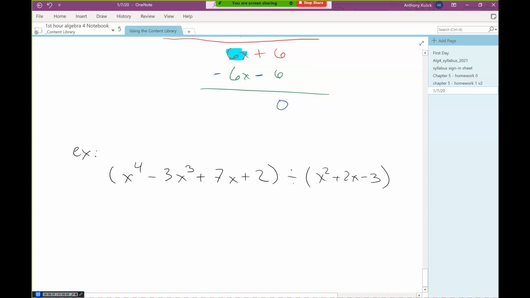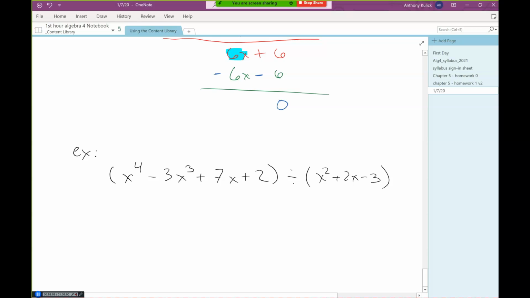So we have x to the fourth minus 3x cubed plus 7x plus 2 divided by x squared plus 2x minus 3. There's one very important thing that's very different from this problem and the previous one. Now, obviously, the number of terms are different, right?